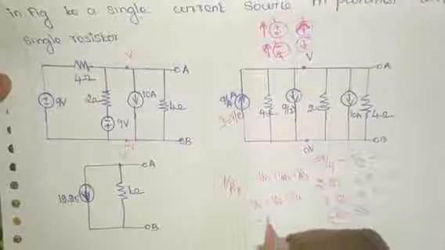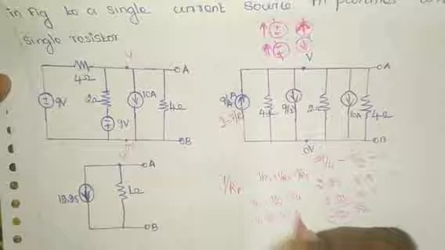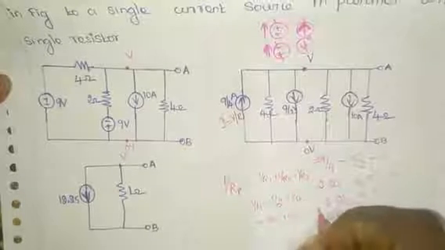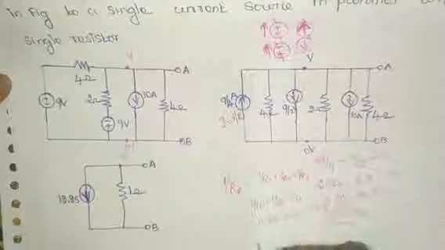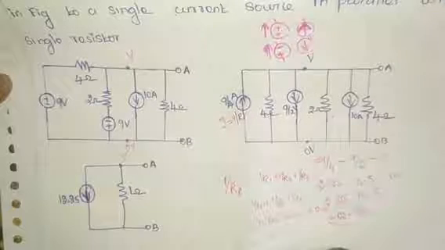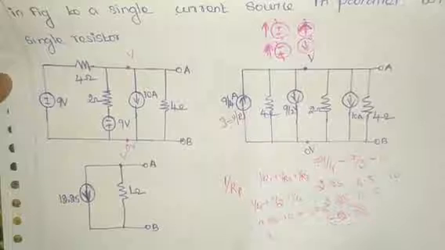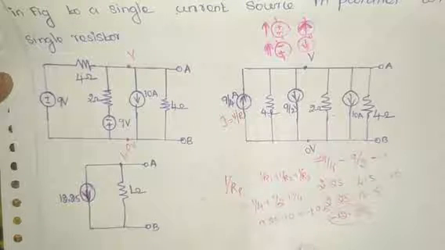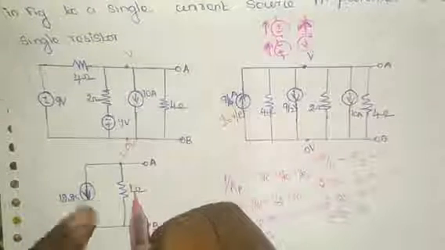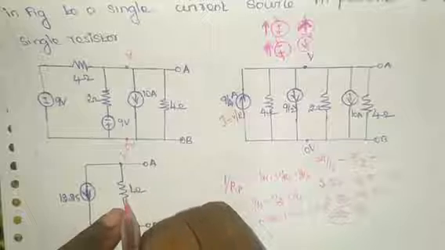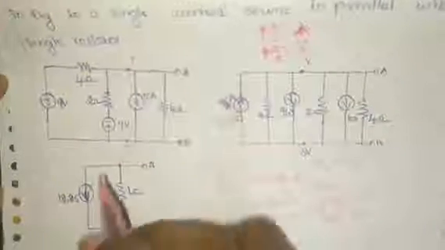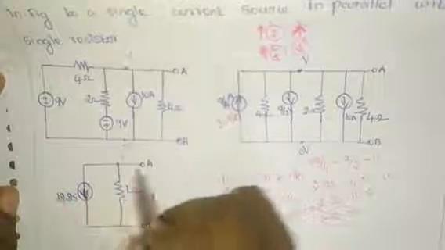So 0.25 plus 0.5 plus 0.25, which is 1. So 1 by Rp is 1, so Rp is equal to 1 ohm. The equivalent parallel resistance is 1 ohm. I have connected that resistance here, so now our circuit is converted into a single current source with a single resistor in parallel with the current source.